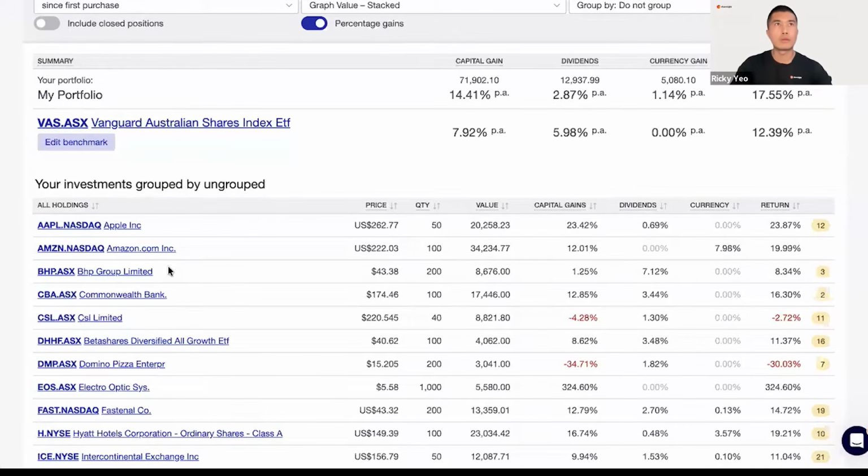From my experience talking to a lot of customers, there could be a number of reasons why your quantity is not matching with your brokers. The first one is you need to make sure all your trades are correct and imported into Sharesight. The second one, which is pretty common, is corporate actions.